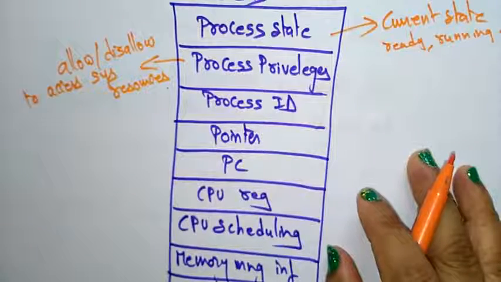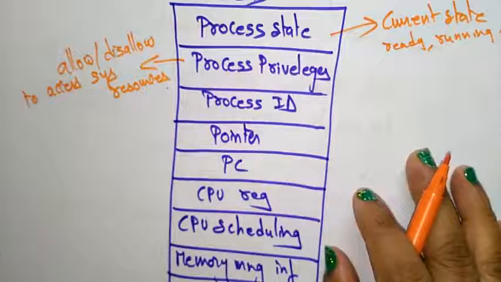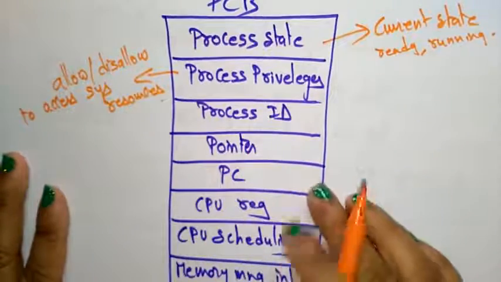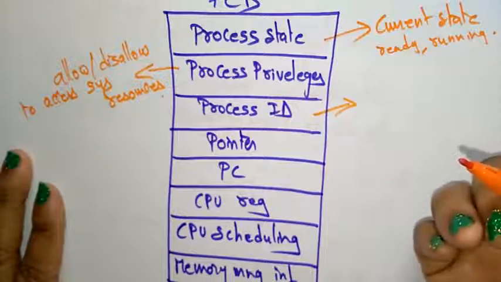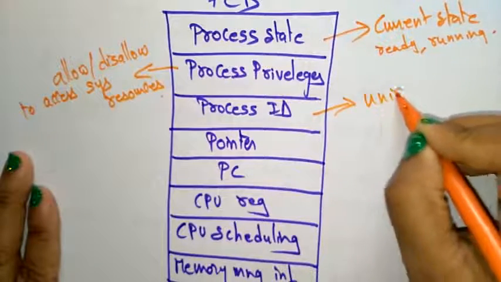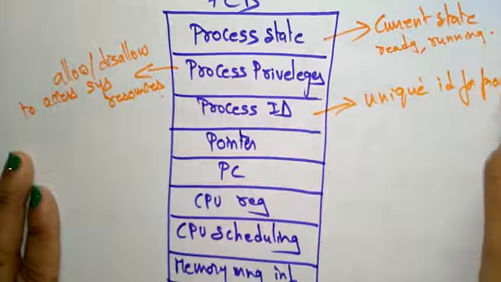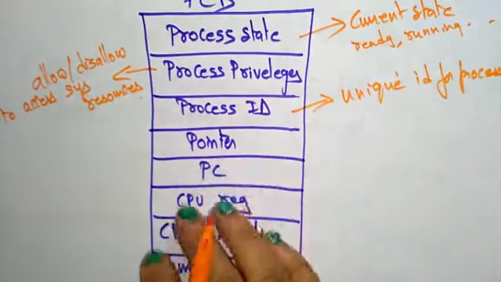To use the system resources, that process has to be given some permissions. That information is also stored in this process control block. And process ID is nothing but a unique ID for each process stored in the operating system. Based on that ID, we can identify which process it is.